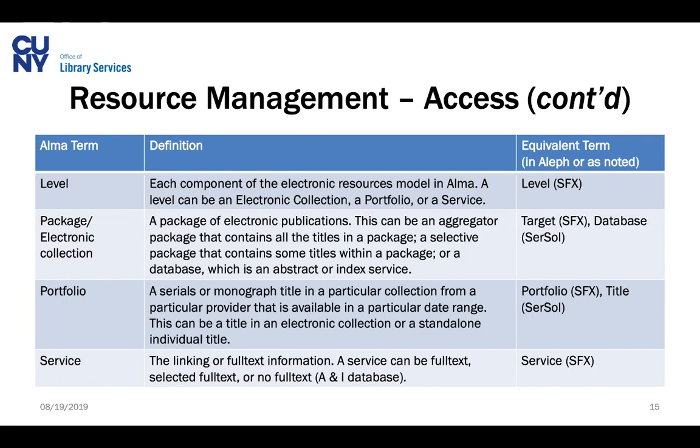Or it can be a selective package that contains some titles within a package, so you could have a selective package for Cambridge journals that only contains 20 titles or so. Or it can be a database, which is an abstract or an index service. The similar term in our environment would be a target in SFX or a database in Serials Solutions.